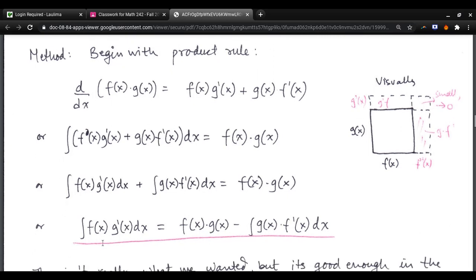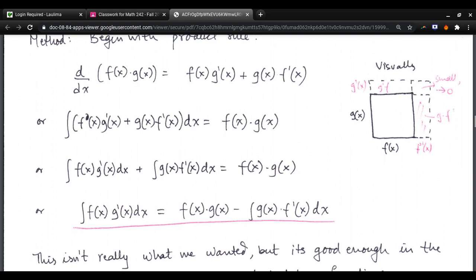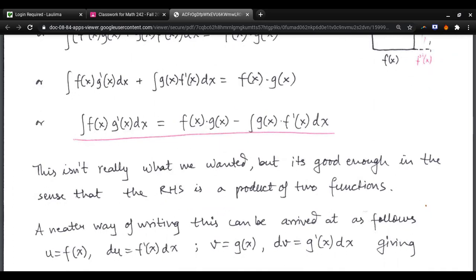So the integral of f(x) times g prime(x) dx is f(x)g(x) minus the integral of g(x) times f prime(x) dx. Now what you notice is that the integral on the left side is f and g prime, and the integral on the right side is g and f prime, so they are slightly different. This is not really what we wanted, but it's still good enough in the sense that both sides are products of two functions.